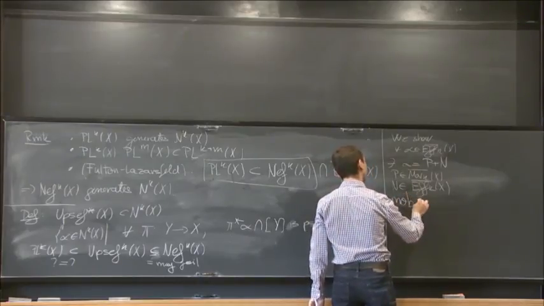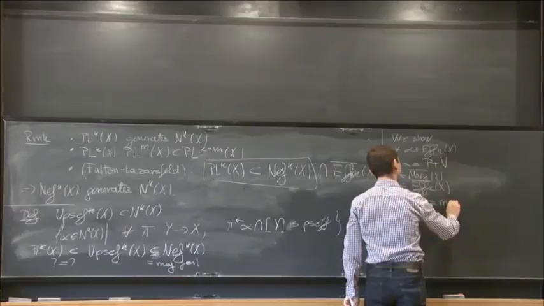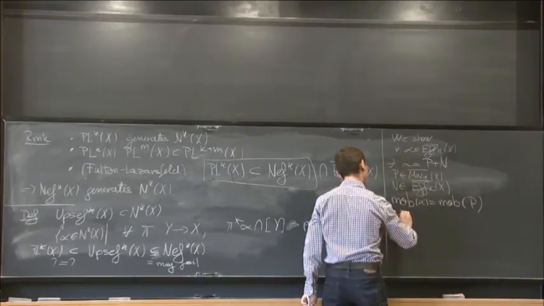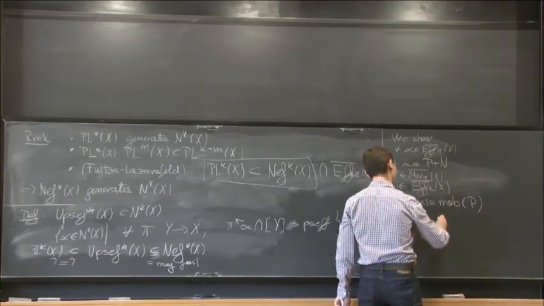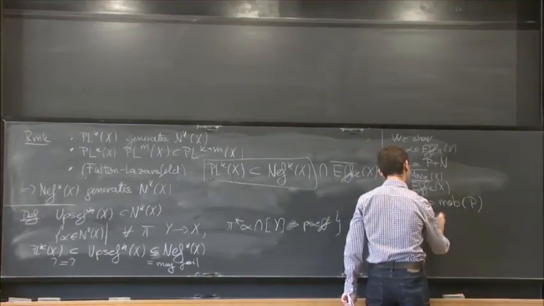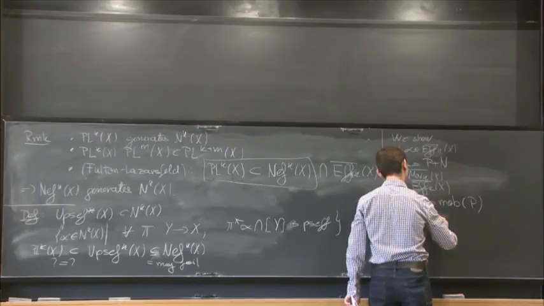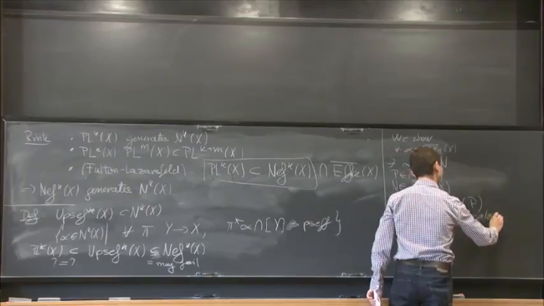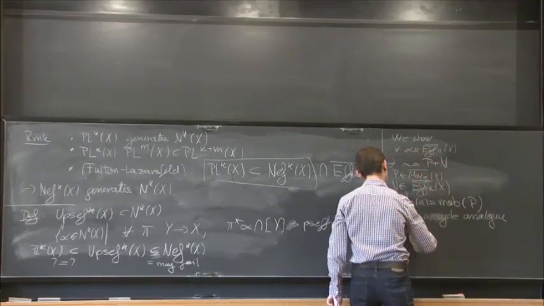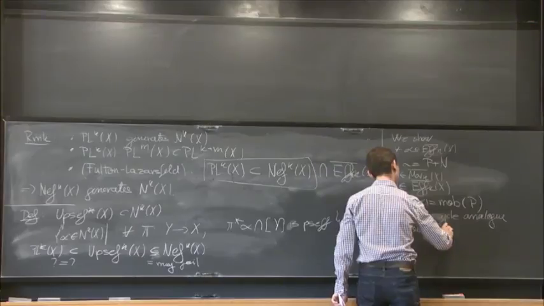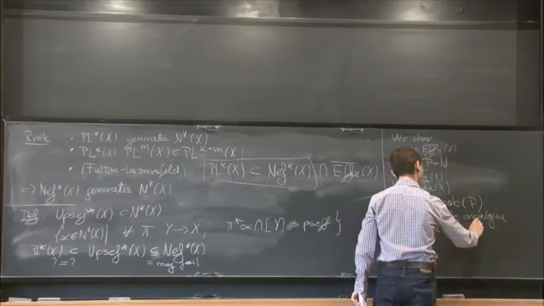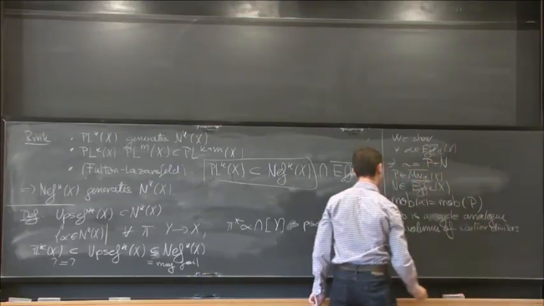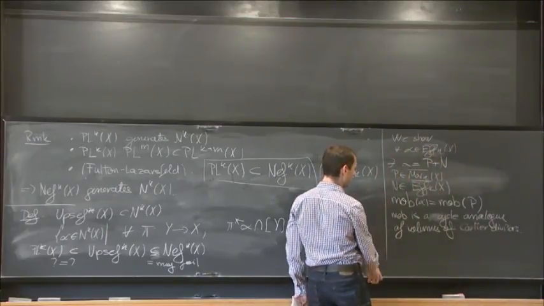So with the further property that the mobility of alpha is equal to the mobility of p, where mobility is a cycle analog of volumes of Cartier divisors. So this was a function introduced and studied by Brian.